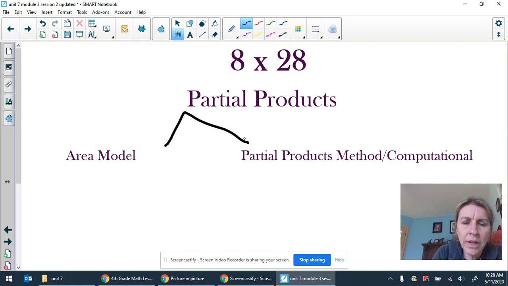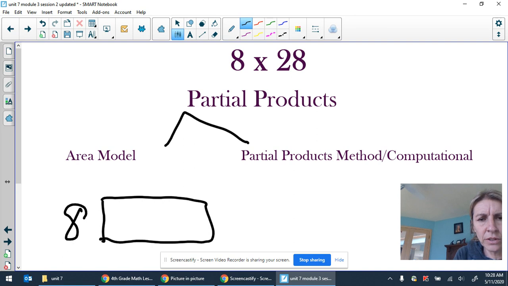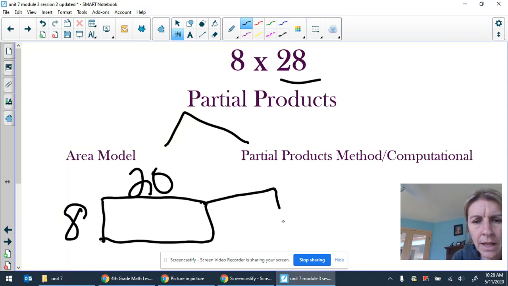I'm going to do these together using an area model. Since I'm breaking up the 28, I think a 20 would be friendly to use, 8 times 20. And then I'm going to place the other 8 here.